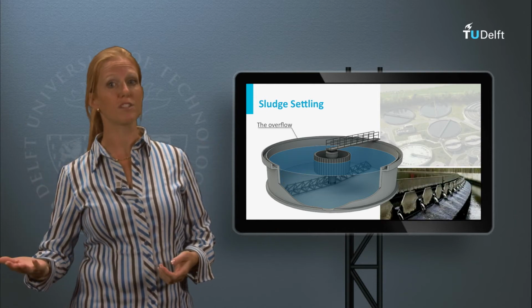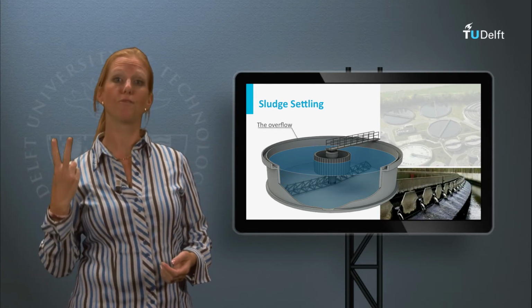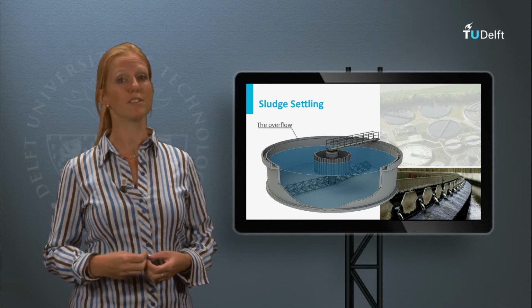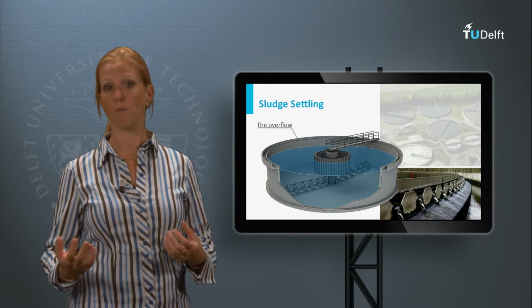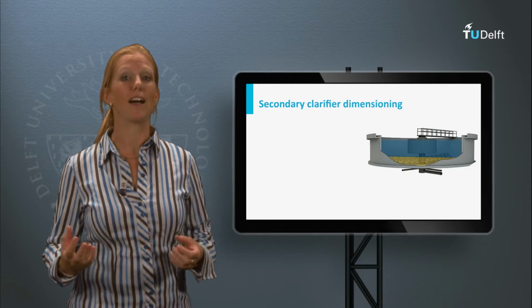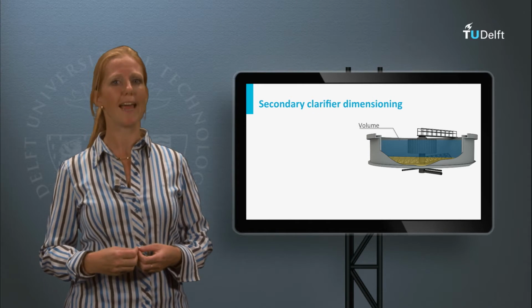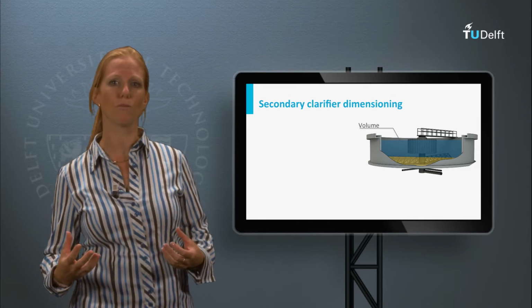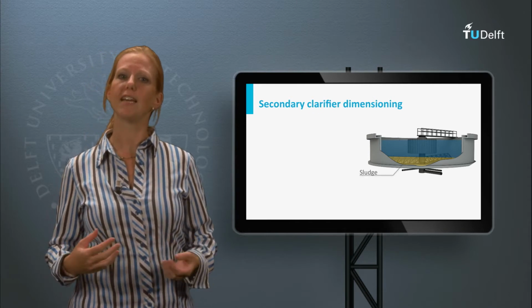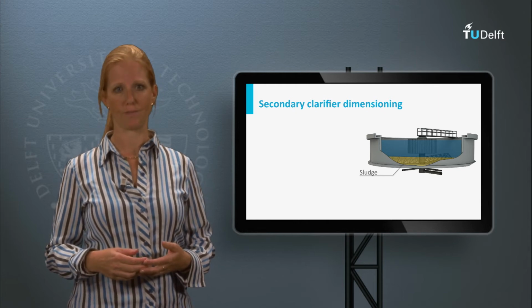The overflow of the settling tank is shaped as V-notched weirs to guarantee a well-distributed, calm flow. Final clarifiers must have large volumes too, because they should be able to store sludge during stormwater flows, as you have seen in the examples of last lecture.